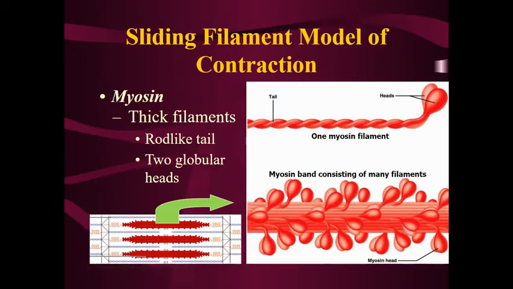More specifically about the myosin: these are the thick filaments found in the middle of the sarcomere. They have a rod-like tail and two globular heads. The myosin that we find in the middle of the sarcomere is actually many myosin filaments all interwoven together.